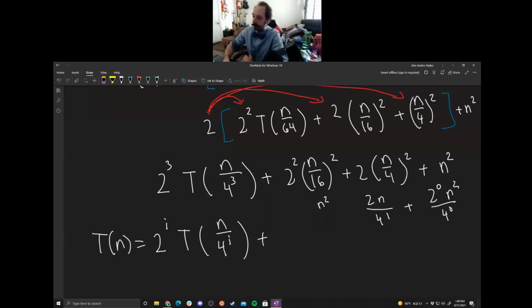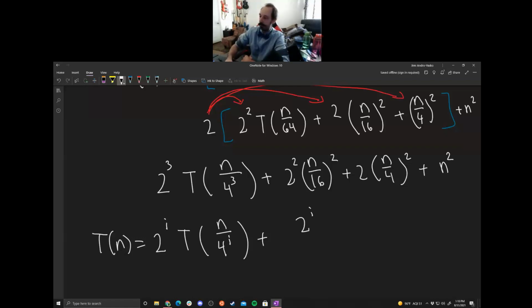Actually, hold on, let me double check this really fast. When you collapse these together, it's expanding in that type of way. So we're actually going to end up with 2 to the power i n squared over 4 to the power 2i, like this, is the result we're going to get essentially.